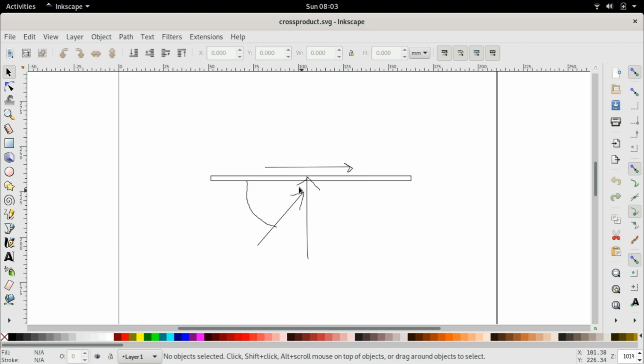Now, besides this, we had also seen that if the magnetic field were not exactly perpendicular to the current carrying conductor, but rather were at an angle, let's say this angle theta, in that case, this magnetic field can be decomposed into two parts. That is, one part which is perpendicular to the current carrying conductor and another part which is parallel to the current carrying conductor.